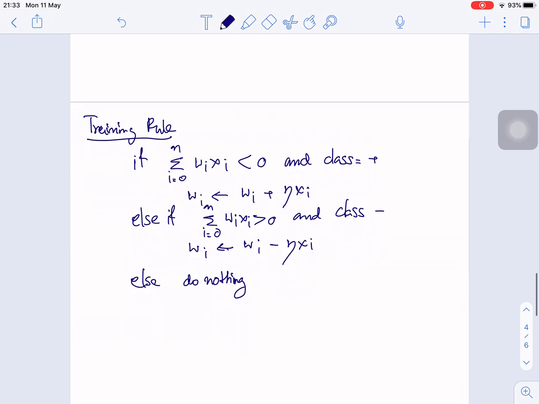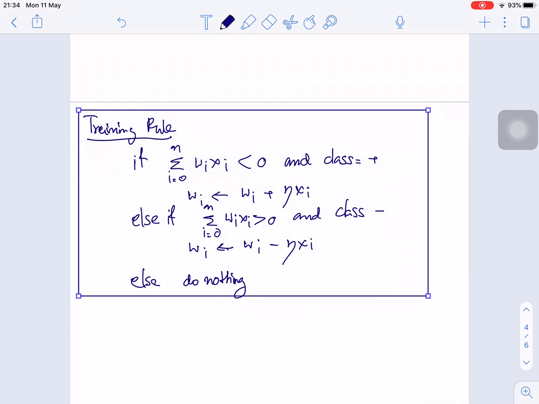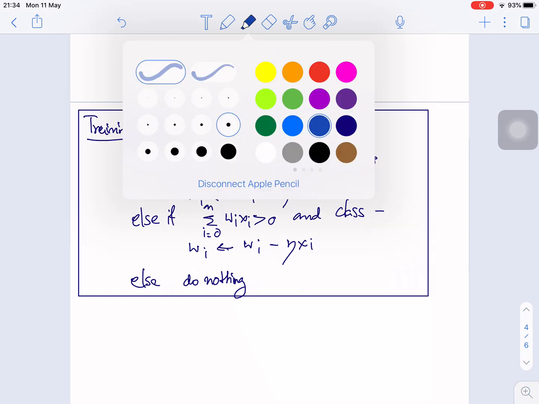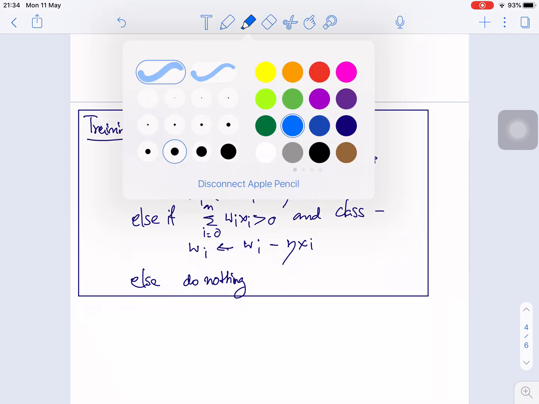This is the training rules. It's very important, so I would like to highlight it.